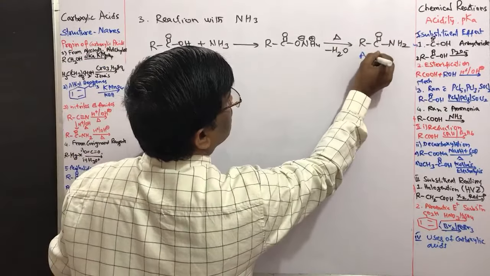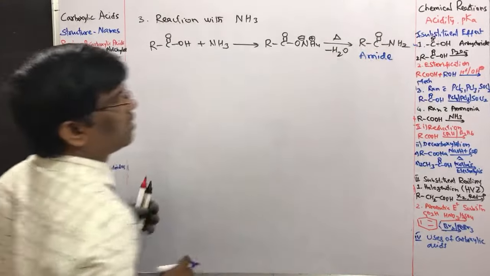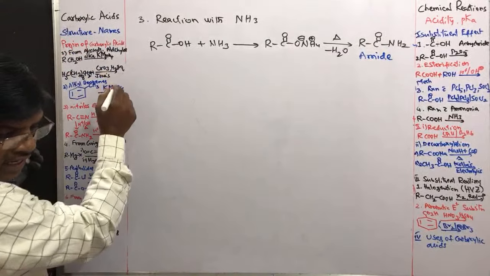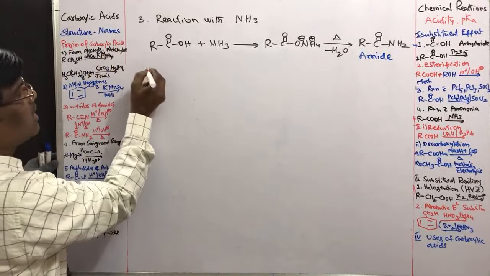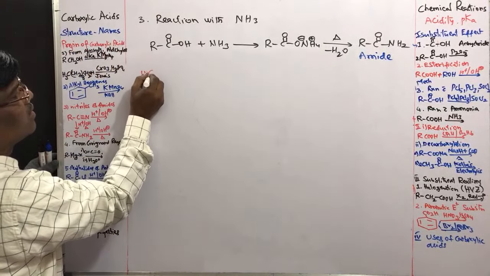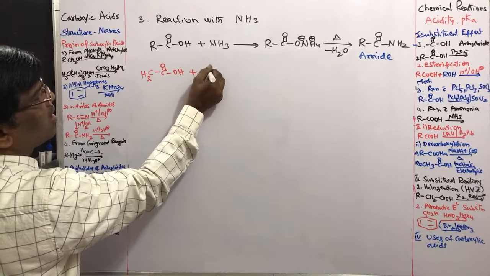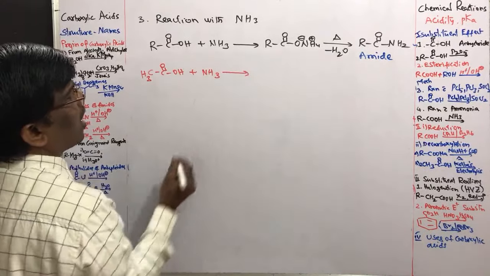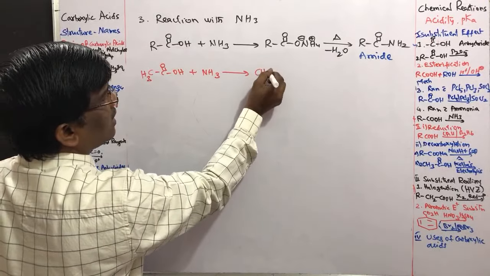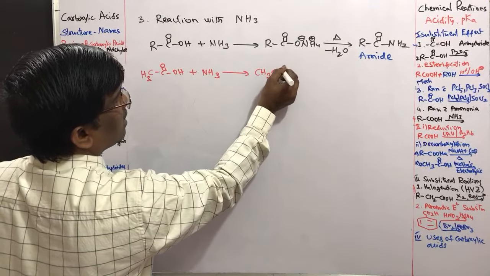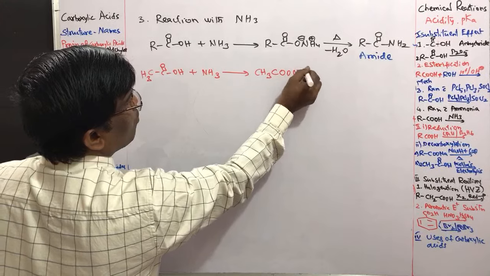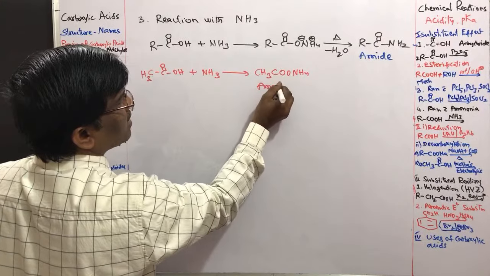Write down amide. For example, if I take acetic acid and treat it with ammonia, I am going to get the salt ammonium acetate. It is a buffer.